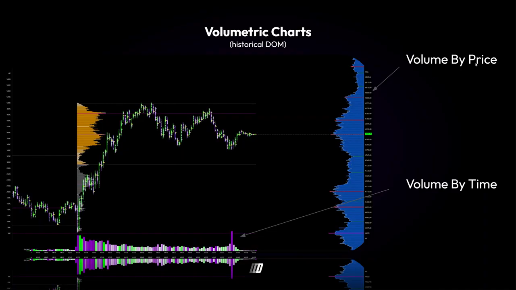And it's called volume by price because it tells you the total volume of trading activity, buying and selling activity, at each level of price. So it indirectly tells you how much money changed hands inside of this price range at this specific time.